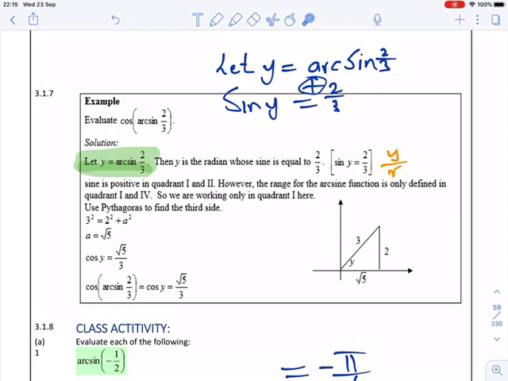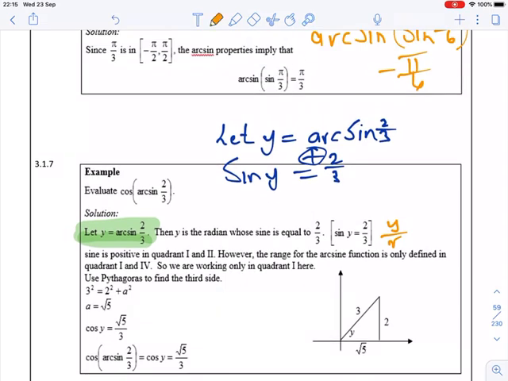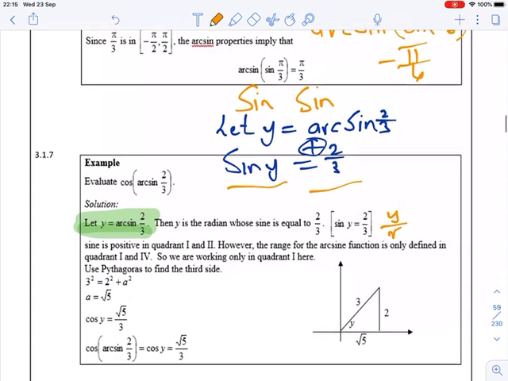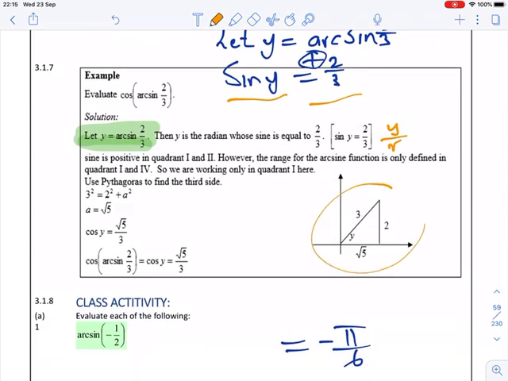So if y is equal to arc sine 2 over 3, then we put a sine in front. Now remember, we put a sine in front of the y, so we must put a sine in front of the arc sine. And then the sine of the arc sine will cancel one another, and we will just have sine y is 2 over 3. Okay, and that is positive. So our drawing must now be in the first quadrant.